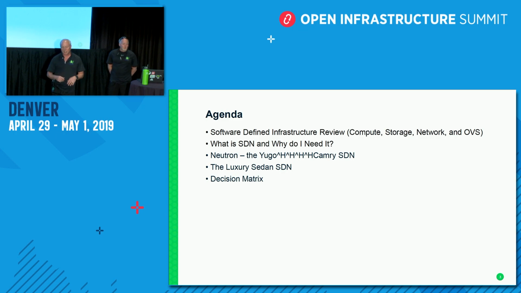The idea of this Yugo versus the Camry is a car analogy we'll use to say, hey, maybe OVS and Neutron are your Yugo, and it's good enough for most of your use cases, but maybe an SDN is more like an upsell, a little bit nicer car to drive. Has a few more features. And then we'll talk about the luxury sedan. We'll talk about a particular use case of an SDN implementation. And then we'll also give you a review of when you would use what technology for what use case.